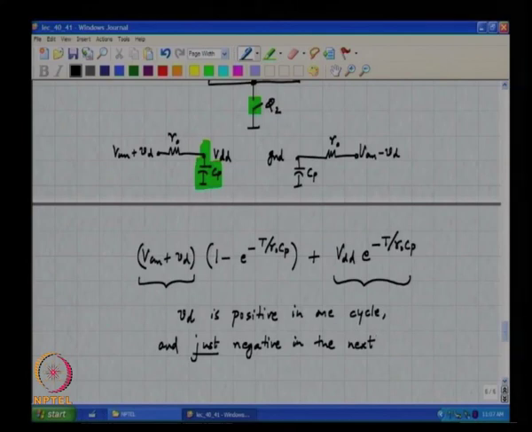Because if VD was positive in one cycle, the output has regenerated to VDD, and for the next input we need to discharge this, we need to get rid of this VDD, but that takes time.